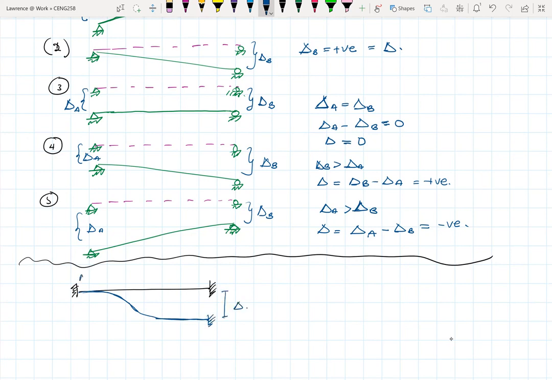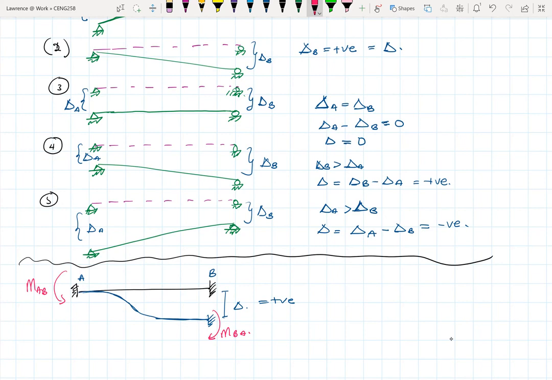I'm using the B side because this is what will give me a positive delta. If I used the left-hand side, delta would have been negative. Now I need to find my MAB with respect to delta, and also find my MBA. Based on this, you formulate an equation for that.